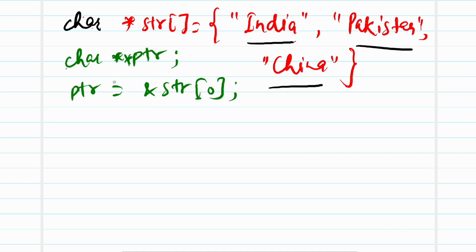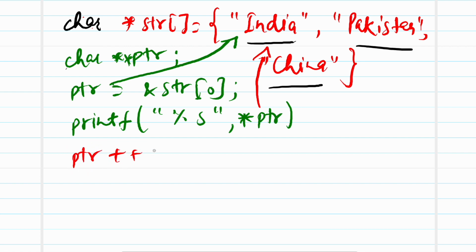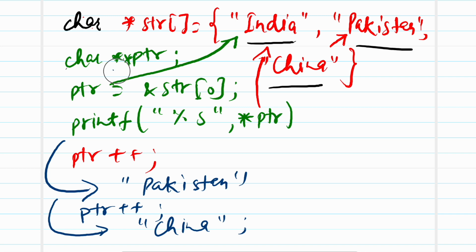So now our double pointer ptr is pointing to this first element, and if you print this string value, you will get the string India here. And if I increment this pointer by 1, it is pointing to the next element, Pakistan. The same print will give you the string Pakistan, and if you further increase this pointer and print the value of this string, it will give you China. That's how we use a double pointer to deal with a two-dimensional array.